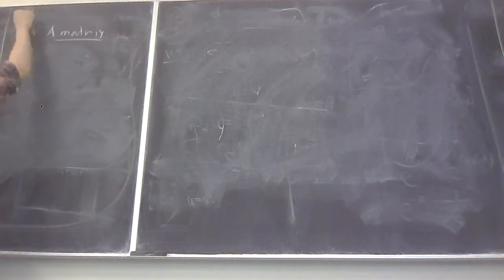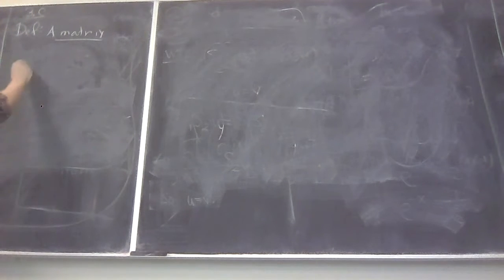We're in 3C now, which is entitled Matrices. So a matrix A, J, K. Now that might not look like a matrix, but I promise it is. This is what we're going to be defining.